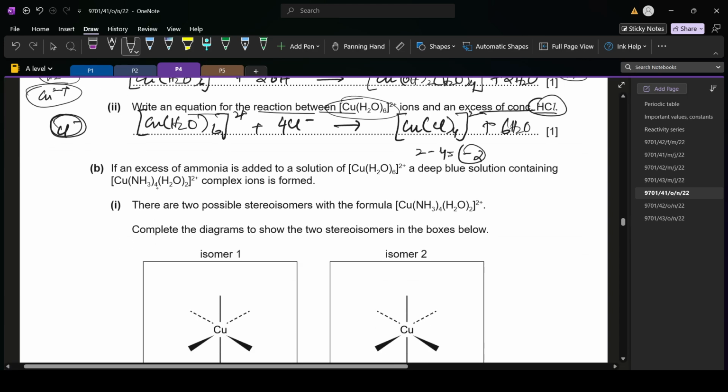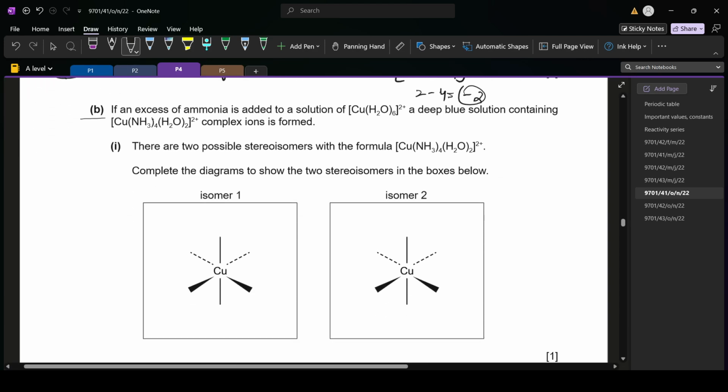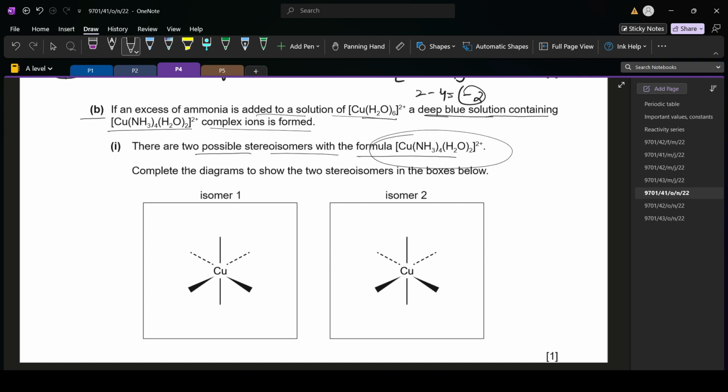Now moving towards part B. An excess of ammonia is added to the solution of this complex of copper. A deep blue solution containing this complex ion is formed. There are two possible stereoisomers of the formula of this complex. Complete the diagram by drawing the stereoisomers in the boxes below.